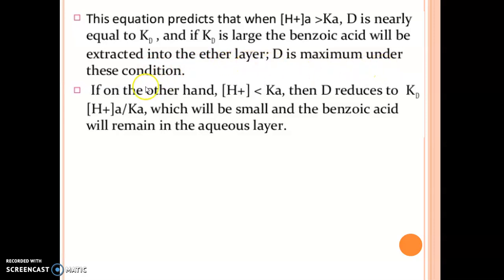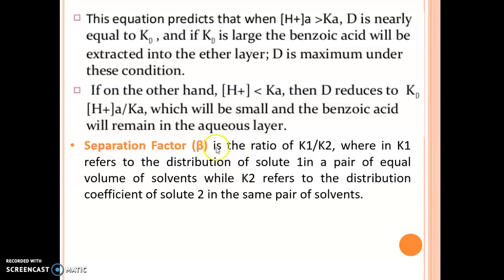D is maximum under this condition. If, on the other hand, the hydrogen ion concentration is lower than Ka, then D reduces to K times [H+] divided by Ka, which will be small, and the benzoic acid will remain in the aqueous layer.